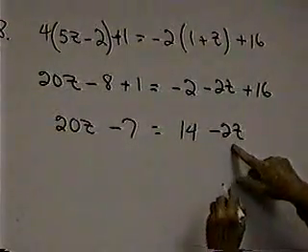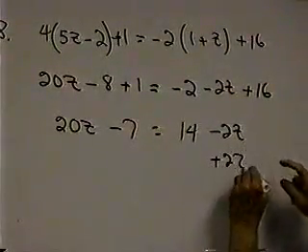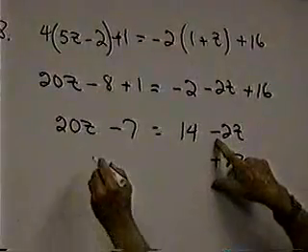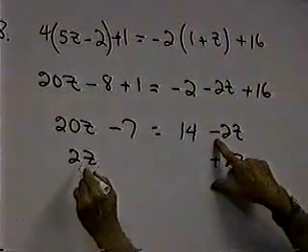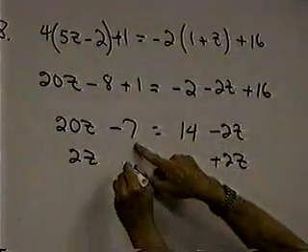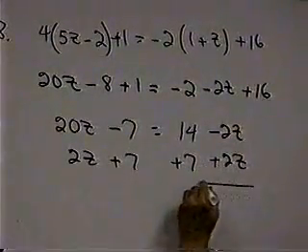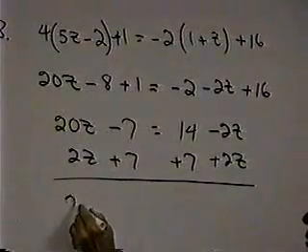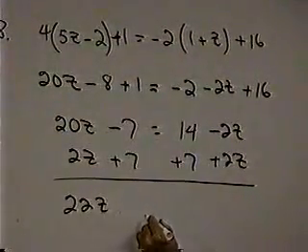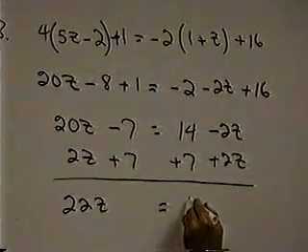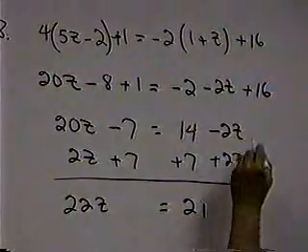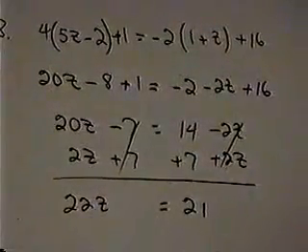So I'm going to move the 2z across. Subtraction, therefore add it. The 7 is subtracted, therefore add it. And adding here I get 22z, and over here I get 21. These drop out, these drop out.